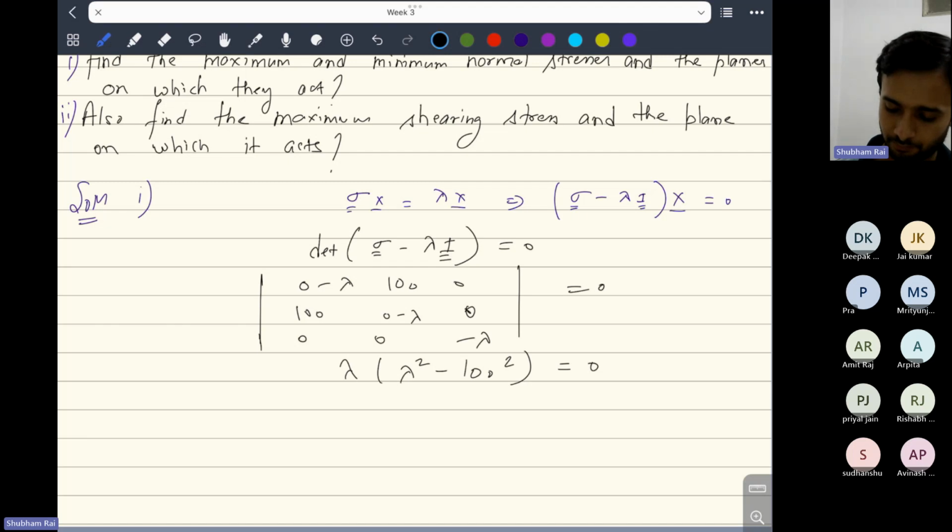Obviously lambda equal to 0 is not a trivial solution to avoid. Sorry, I think trivial solutions we have already avoided by putting the determinant equal to 0. So it has three solutions, obviously. One is lambda 1 is equal to 100, second is lambda 2 is equal to minus 100, and third is lambda 3 is equal to 0.